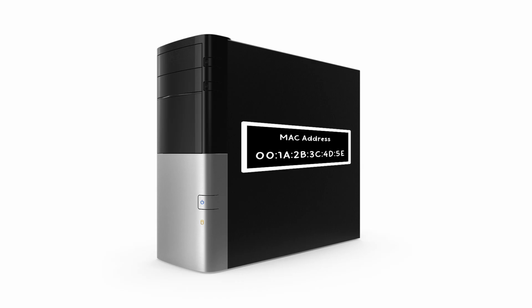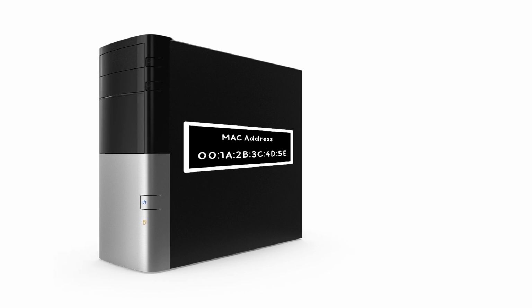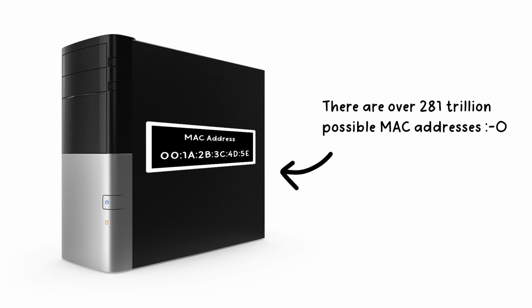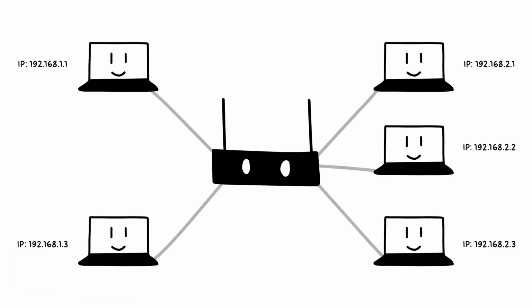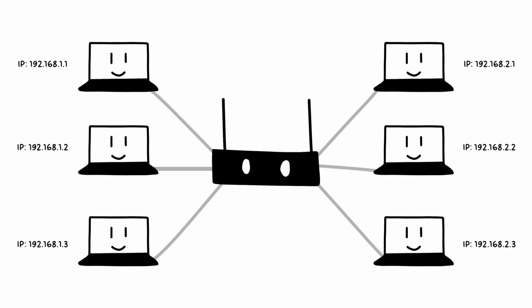A MAC address is written as 6 groups of 2 hexadecimal numbers. It needs to be this long so that every device can have a unique MAC address, which is burned into the network card. When a device is connected to a network, it is also given an IP address. An IP address is made up of 4 sets of numbers, which can be from 0 to 255.